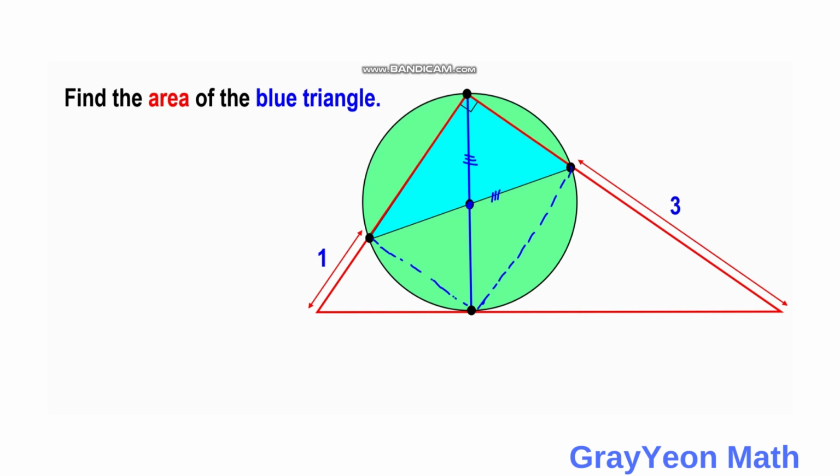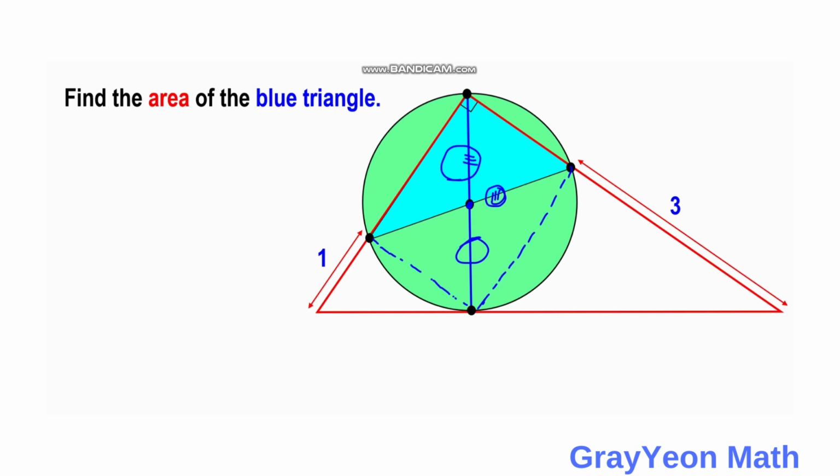And this diagonal divides the rectangle into two equal parts. So this part is equal to this part.